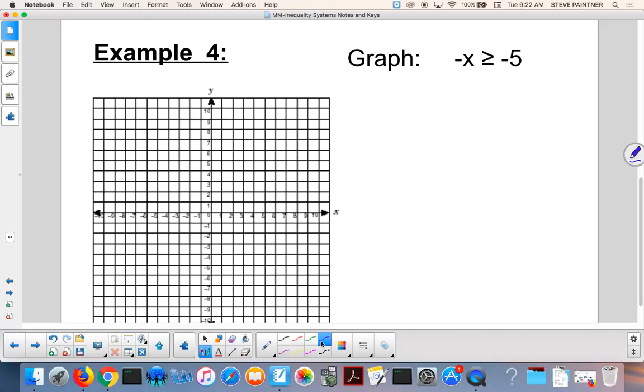How do you get it to say positive? Just divide by negative 1. Since that is negative 1x, divide by negative 1. You get positive x. You end up with positive 5. Switch the signs. Why am I switching the sign? Divided by negative. Bingo. I'm not done, but I'm done solving.